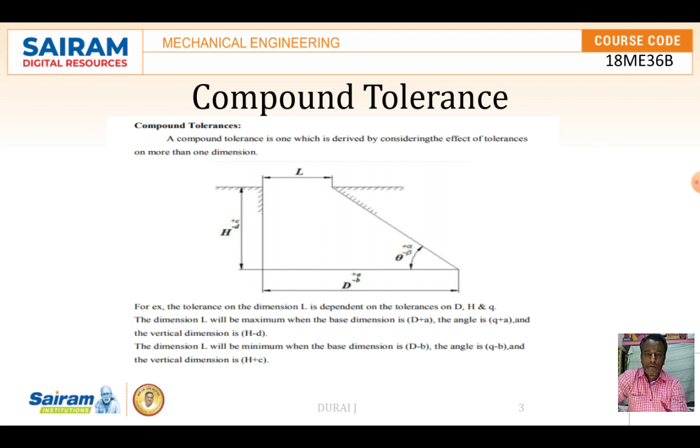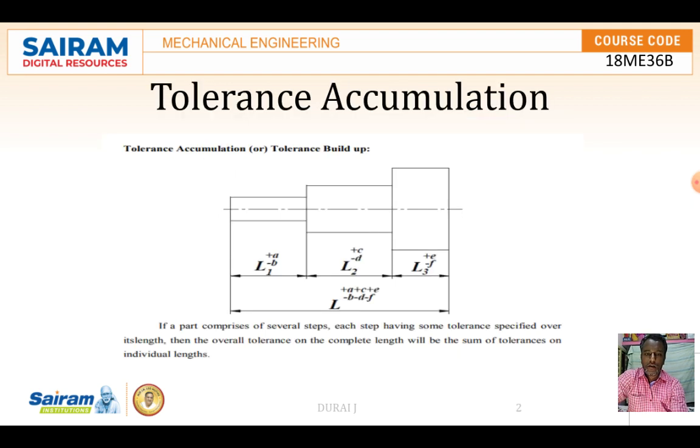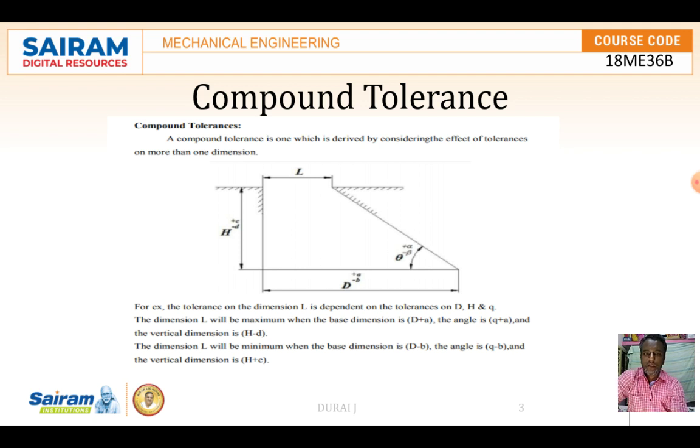So it includes all the tolerance values. Any effect that changes the tolerance value in this particular length will automatically change the angle tolerance as well. That is compound tolerance.